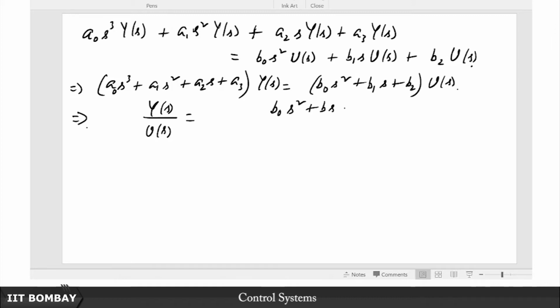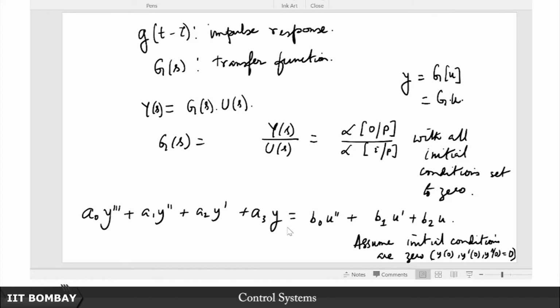A rational function is nothing but a ratio of polynomials. You see that in the numerator you have a quadratic polynomial, and in the denominator you have a cubic polynomial, a0 s cubed plus a1 s squared plus a2 s plus a3. This is nothing but the G(s), or the transfer function, corresponding to the system that is described by this differential equation.